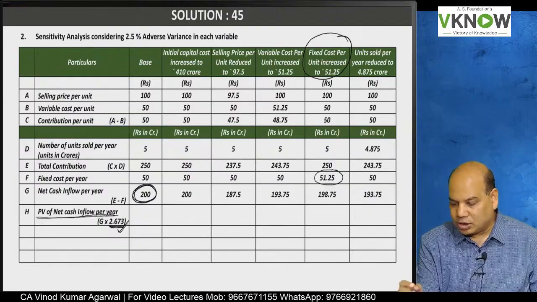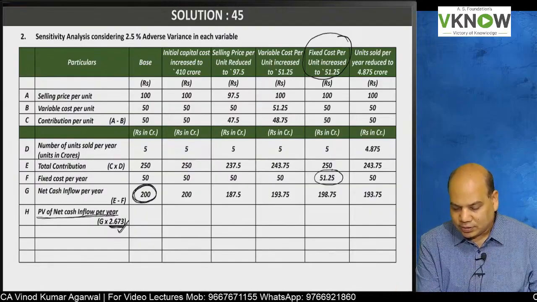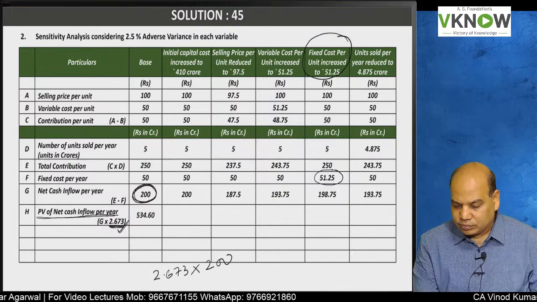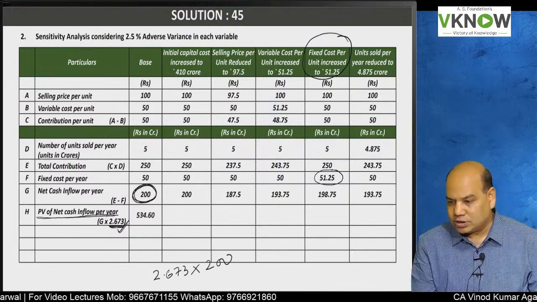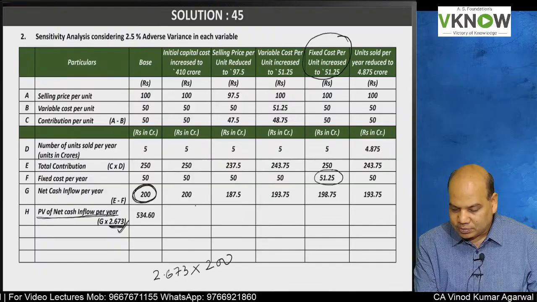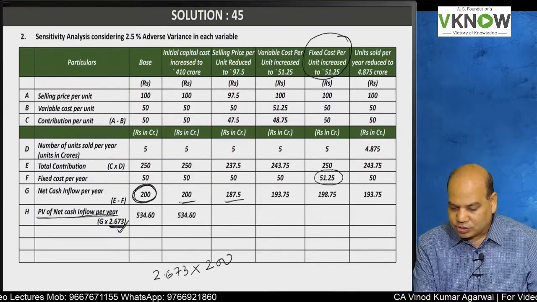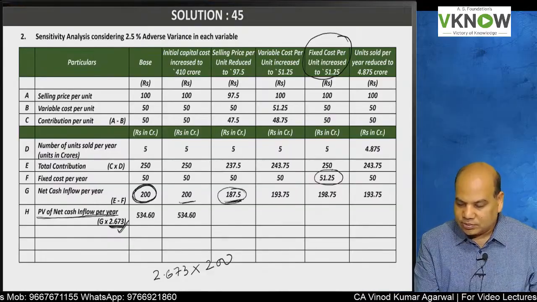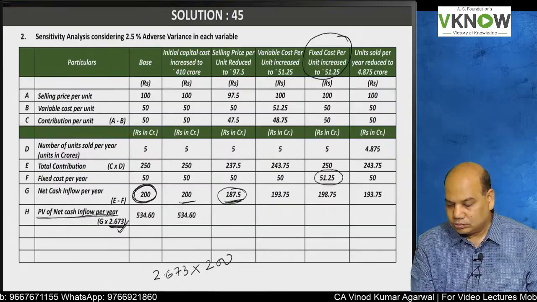Okay, now I will tell you how to get it fast. First you type 2.673 multiplied by 200. You will get 534.60. Now just type this number, press equal to.